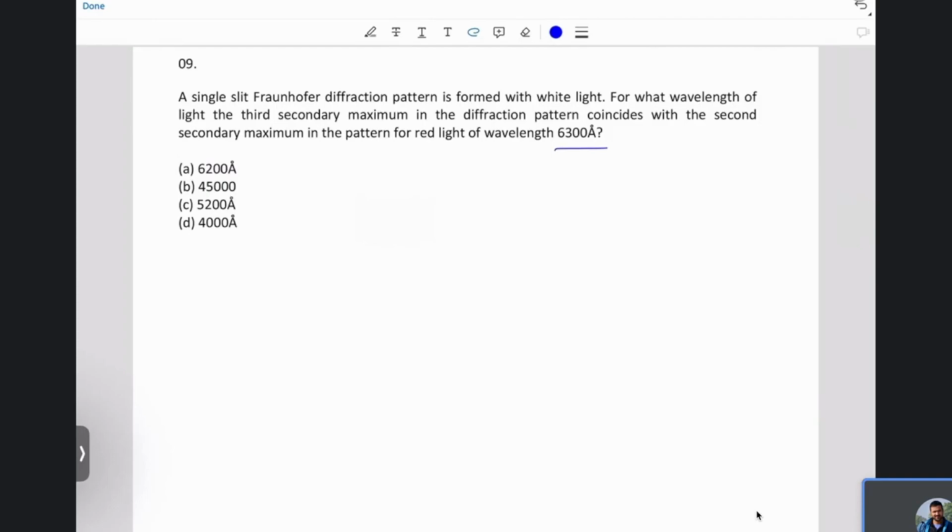This problem is not that straightforward. So how do you think we can calculate this wavelength? Odd multiple of lambda by 2, like m plus half lambda, right?